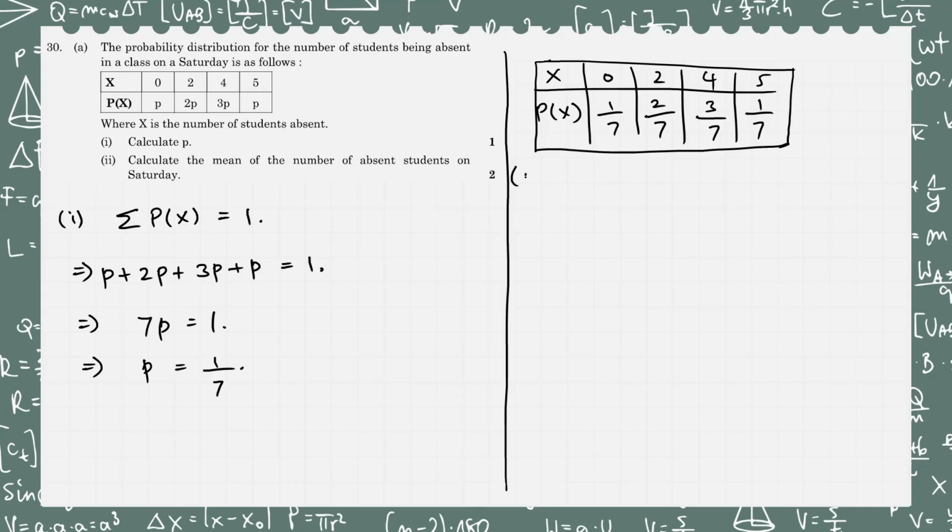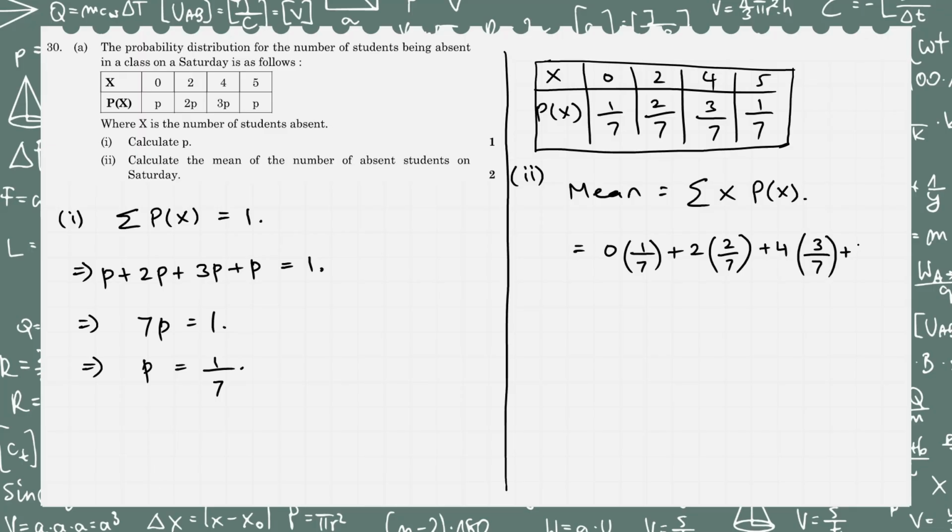So for the second sum, we need to solve for the mean. So mean equals, by formula we know, sigma x times P of x. That is equal to 0 into 0's probability plus 2 into 2's probability plus 4 into 4's probability plus 5 into 5's probability.